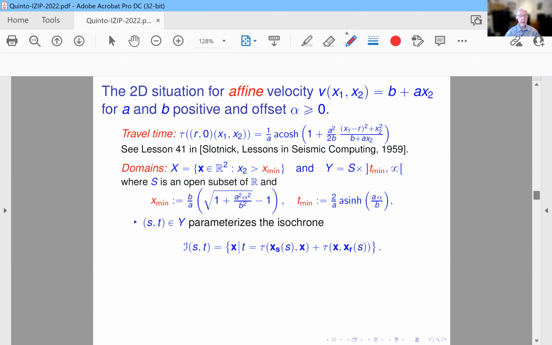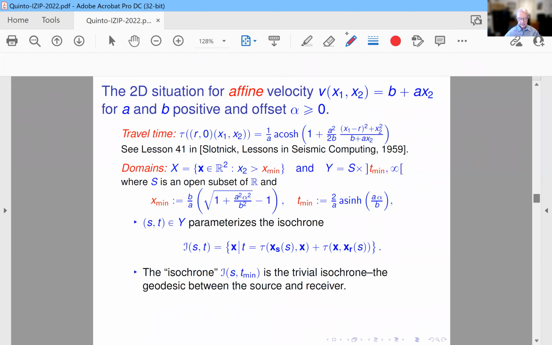Okay. Now, the values of S and T parameterize the isochrone. I of S, T is just the points X such that T is the distance from X_S to X plus the distance from X to X_R. And this isochrone for the value T min is the trivial isochrone with just the geodesic.